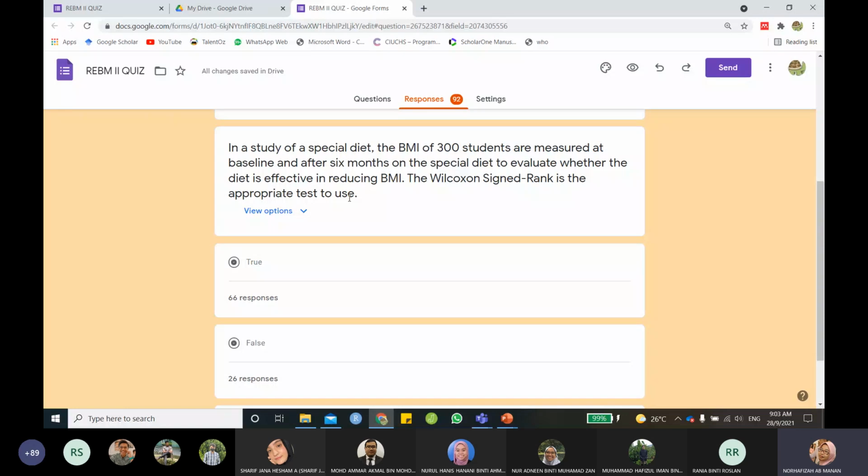The answer is false, because 300 students is more than enough to use a parametric test. You can use the paired t-test, because even if the data is not normal, with more than 30 samples you can still use the paired t-test. So the answer is false.